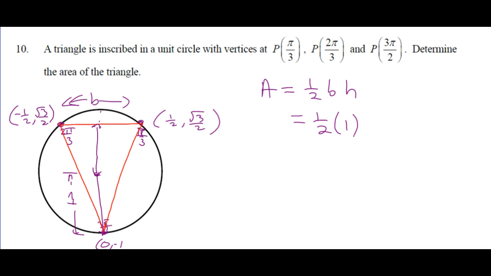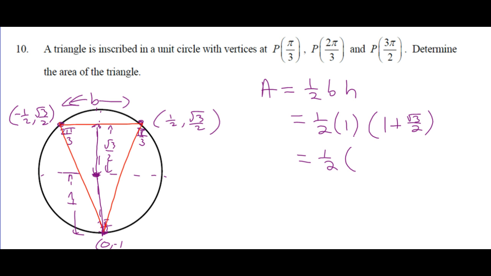Well, it's root 3 over 2, right? That's 0. So this is root 3 over 2. So the height is 1 plus root 3 over 2. Now, we should express that as a complete fraction.